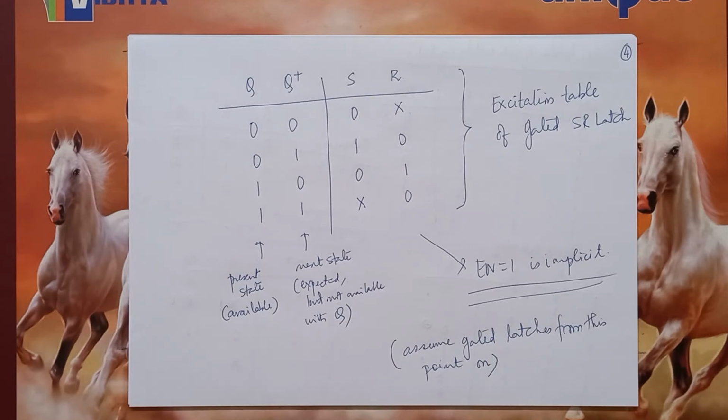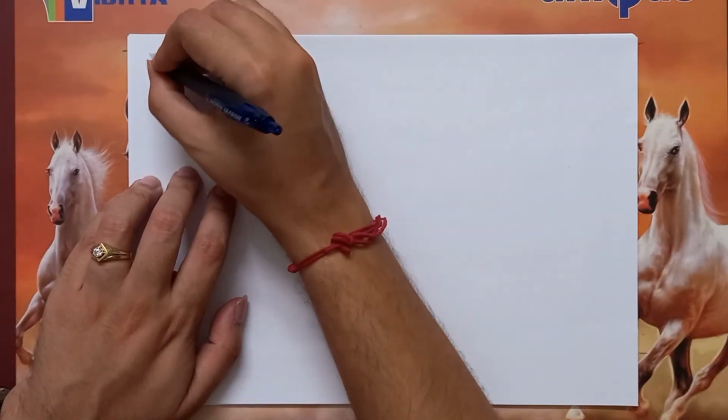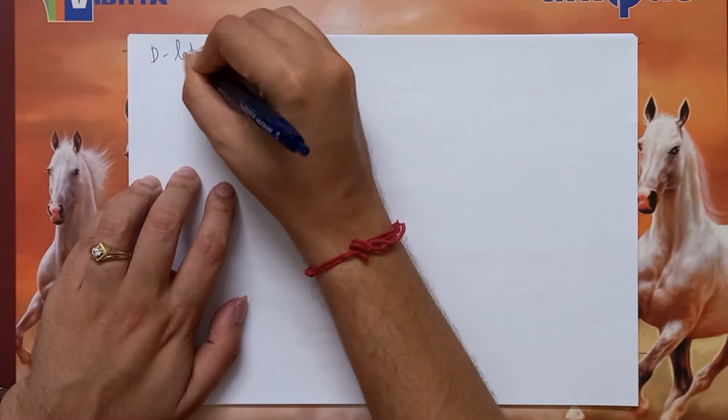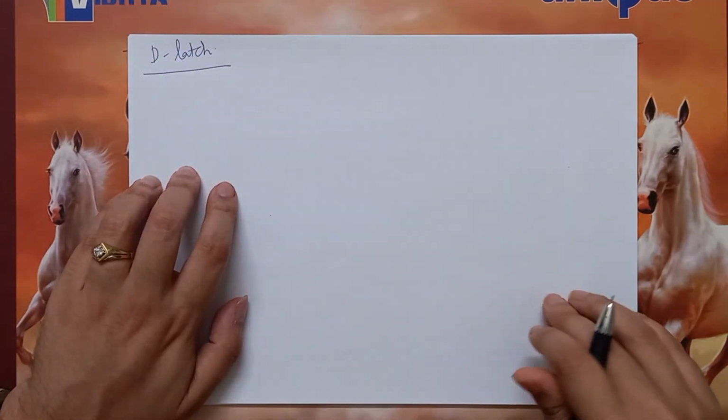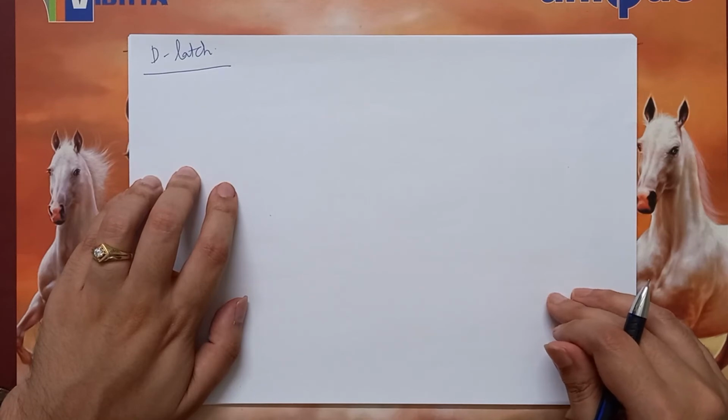Now, are there any other types of gated latches available for use? Yes, there is. There is one more latch that is available, and that is called the D latch. Now, the D latch is a very simple modification of the gated SR latch.